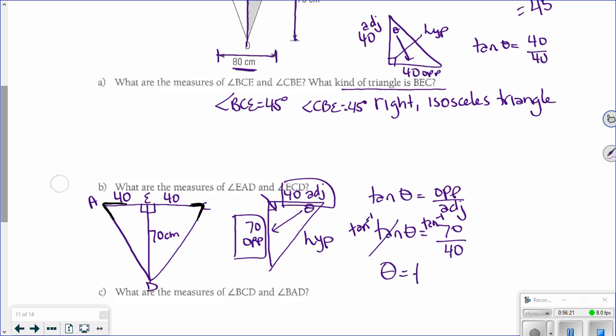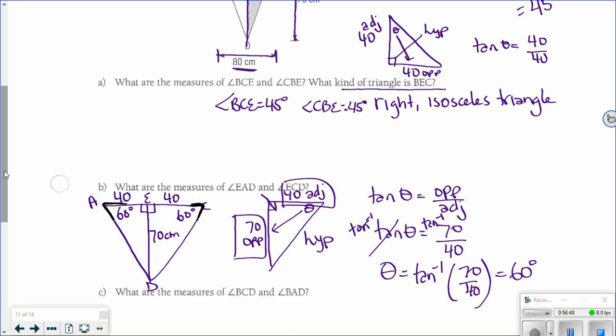So the angle equals the inverse tan of 70 divided by 40. Which means my angle is going to be 60 degrees. And if one side is 60 degrees, the other side is also 60 degrees. They're exactly the same because I could fold them directly in half and they perfectly overlap.